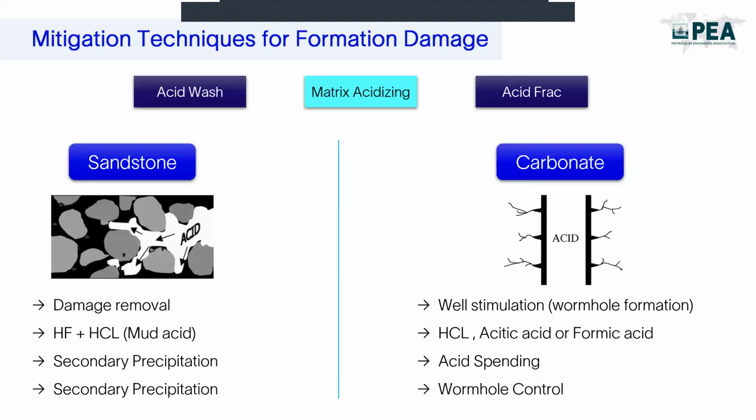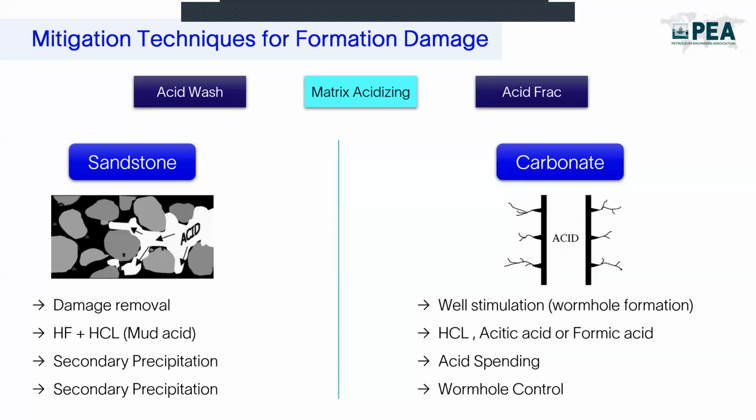So for the chemical reactions, HCl reacts rapidly with calcite, dissolving the calcium carbonate and forming soluble calcium chloride with CO2 and water. HCl reacts very well with calcite, and also reacts very well with dolomite, dissolving it into calcium chloride and magnesium chloride, which are soluble in water, as you may know.